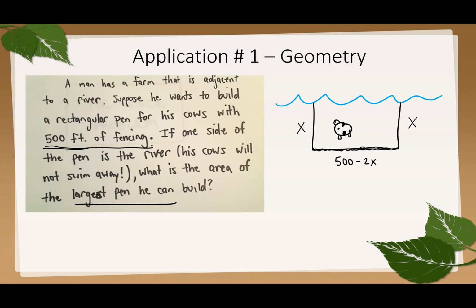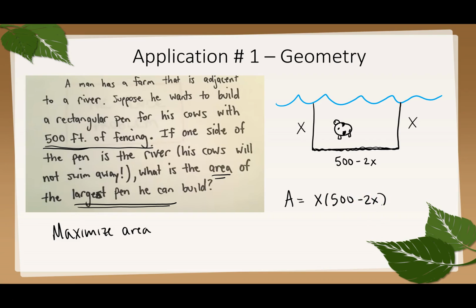Now we are trying to make the largest pen possible. We're trying to maximize the area. So remember, area is equal to length times width. In this case, we have area is equal to X times 500 minus 2X.